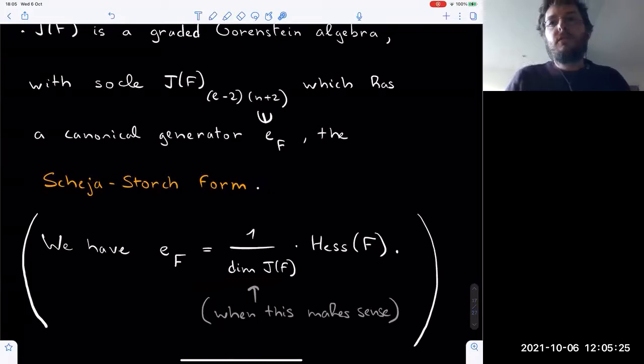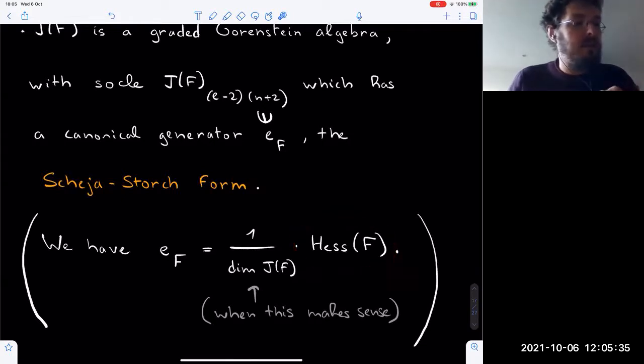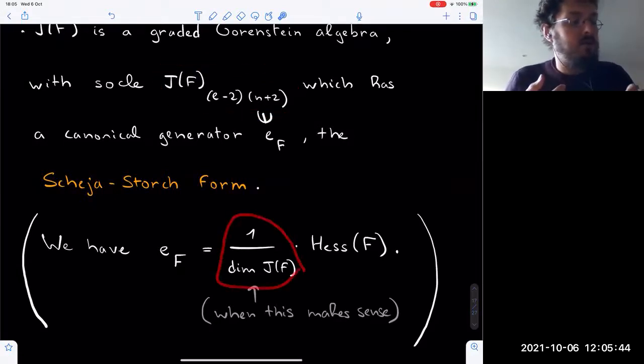The general definition would take a few extra lines, but in characteristic 0 or in large enough characteristic, you can define it quite easily. You can take the Hessian matrix, which, suitably interpreted, gives you an element here, and you just have to divide by the dimension of this, but this only makes sense when it's invertible.